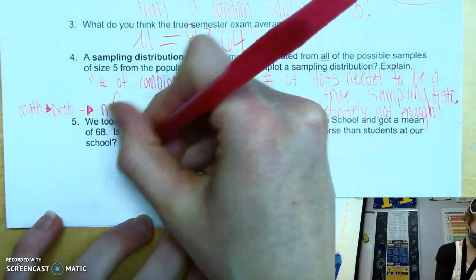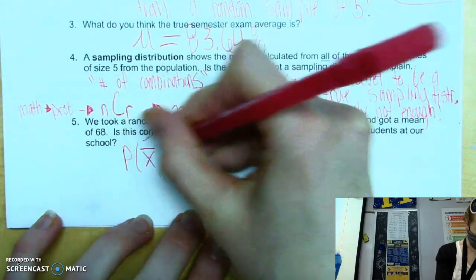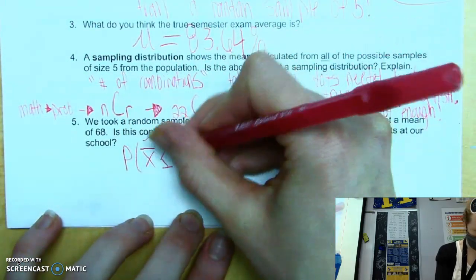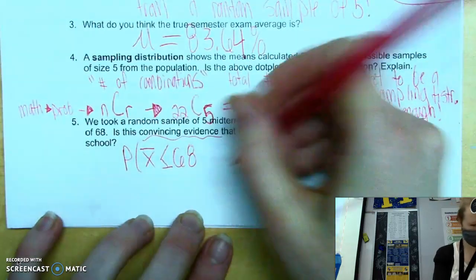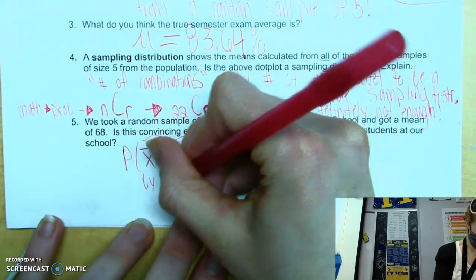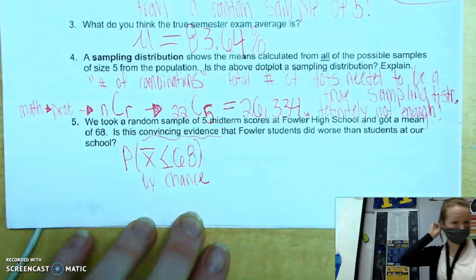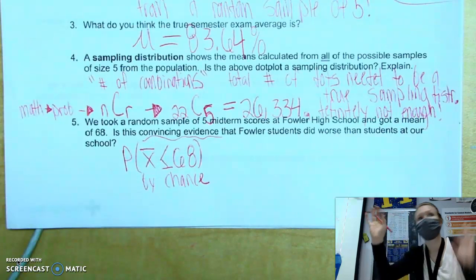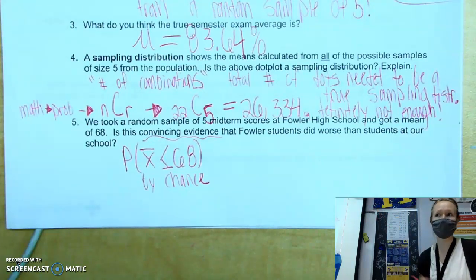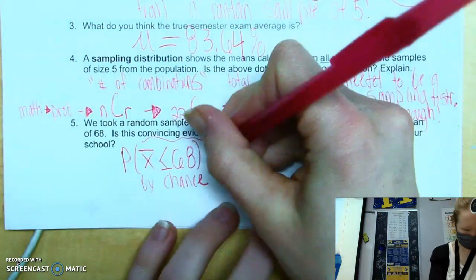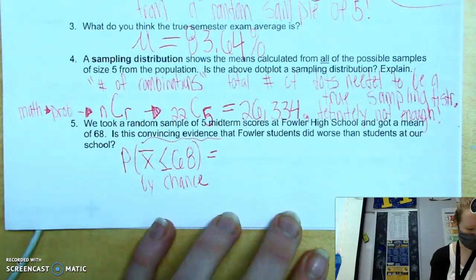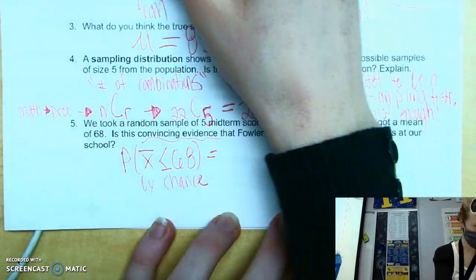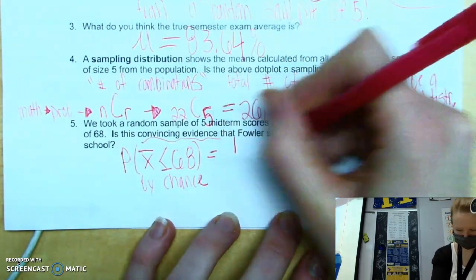We're looking at what are the chances that we got an average of 68 or less by chance, right? So we need to figure this out based on our dot plot, right? How likely is it, if Fowler had the same scores that we did, how likely is it that we got a 68 as an average by random chance? So in this case, I think I see maybe 1 dot, right?